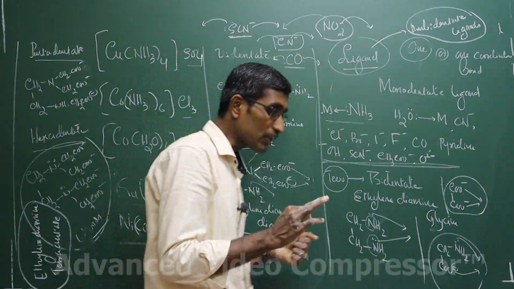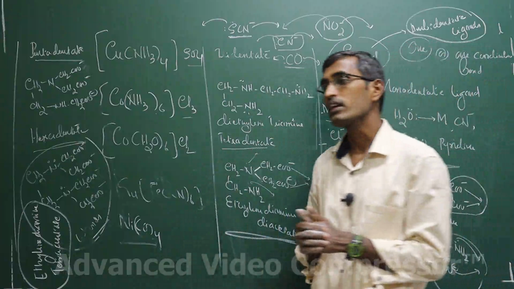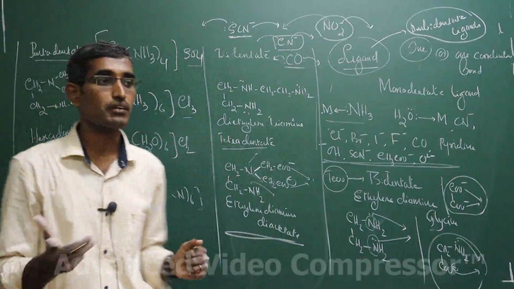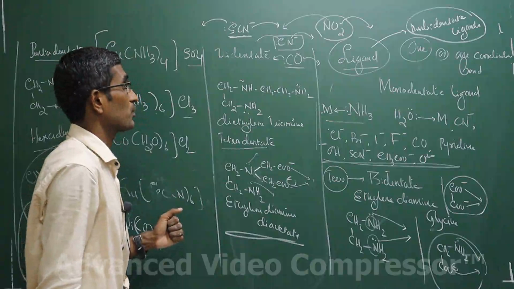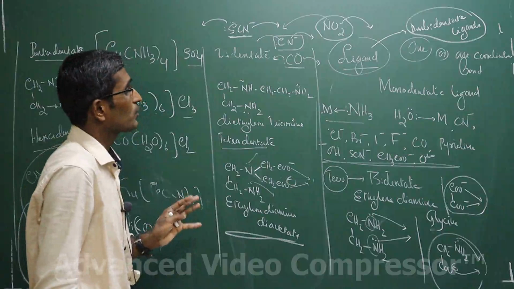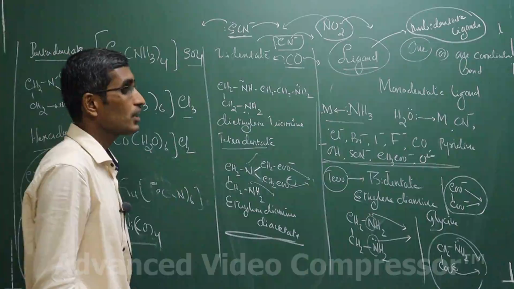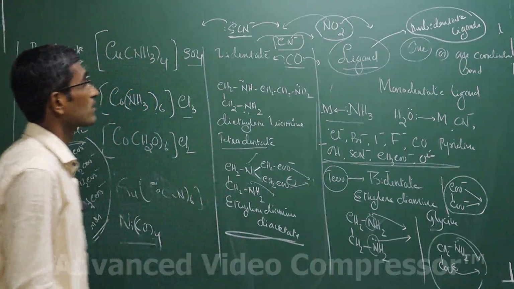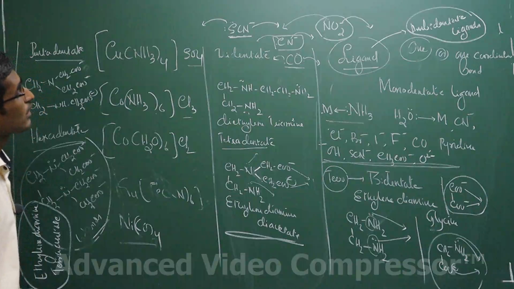That means the ligand has two or more coordinating atoms, but it will make only one bond. It has a choice which of the coordinating atoms is to be made use of. So accordingly the name of the complex will also change. When we name the complex, we will come to know how to identify which coordinating atom is being used for binding with the central metal ion.